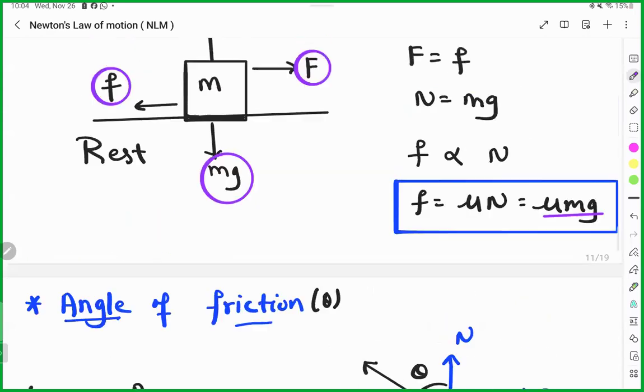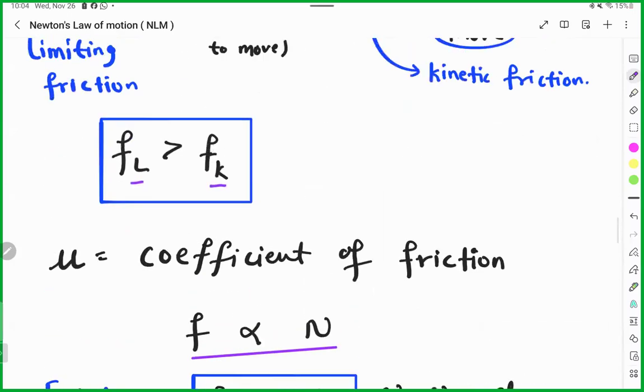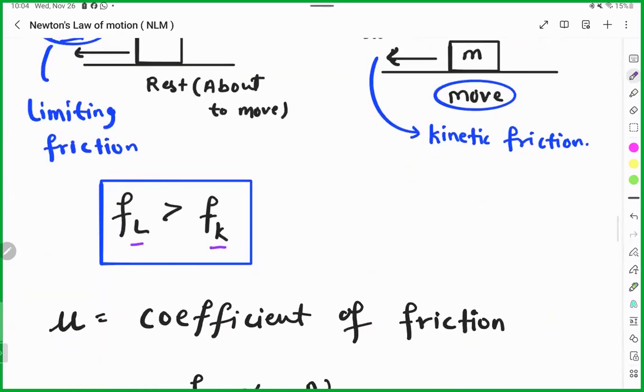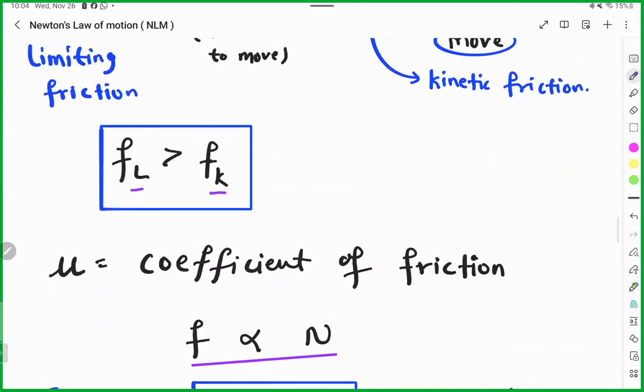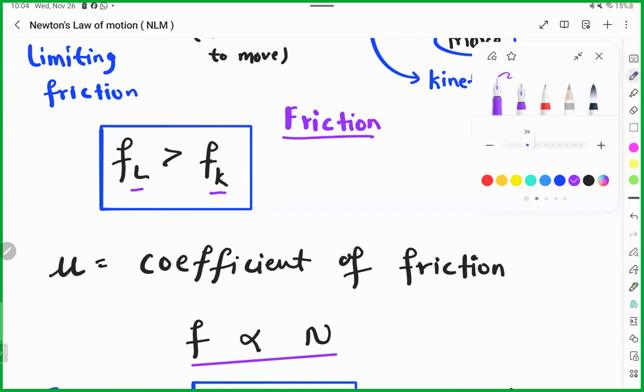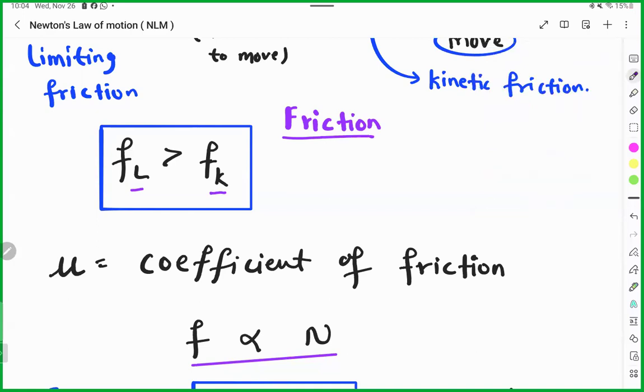So what are the factors that will decide the amount of friction? There are many factors. I will write here because it is not mentioned in this situation. First, friction will be decided by the nature of the surface. Most important, the nature of the surface will decide friction. If the nature is rough, more friction.